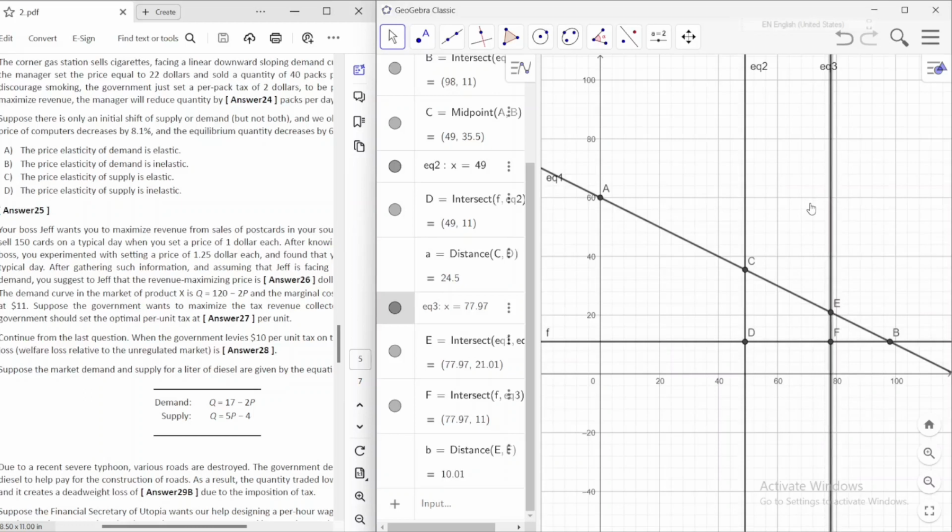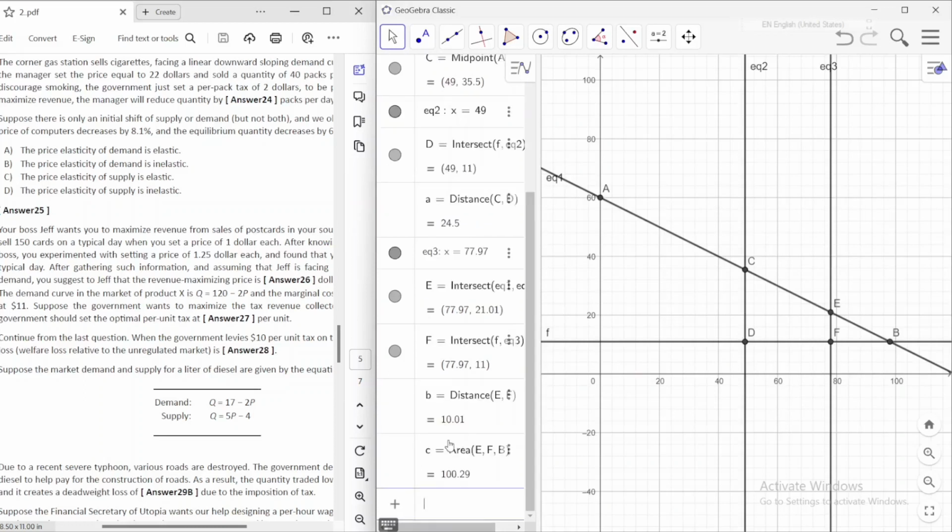So this is almost 10, not exactly, but it's okay. So the deadweight loss is simply the area EFB. So this is 100.29. So this is the deadweight loss.